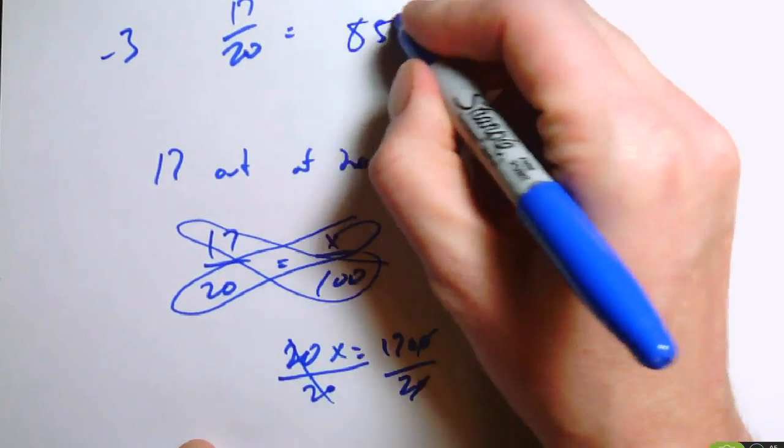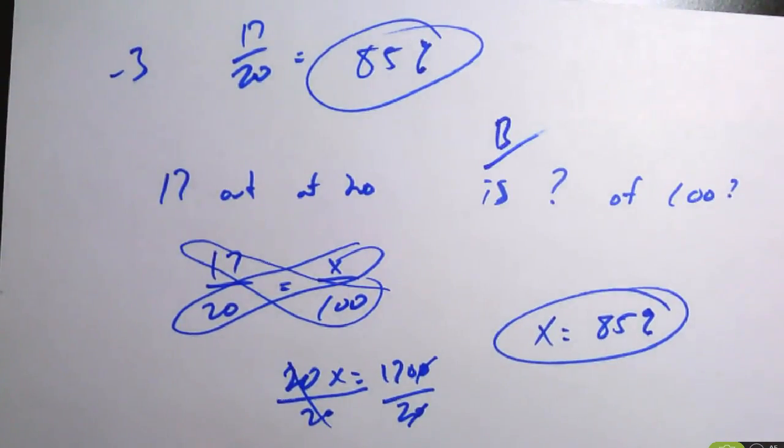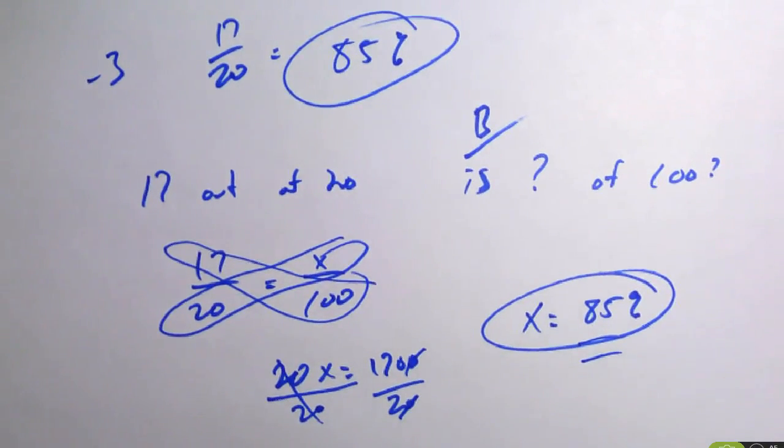So this would be an 85% on that test, which is a B. That's 85% for our answer. We'll go over some more examples in class and talk about more involved problems. If you have any questions, come see me before school or send me an email. So that's section 7.1.